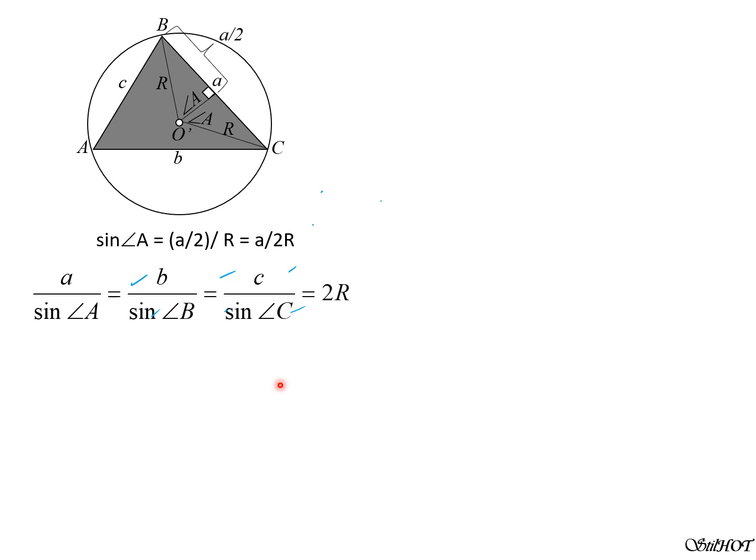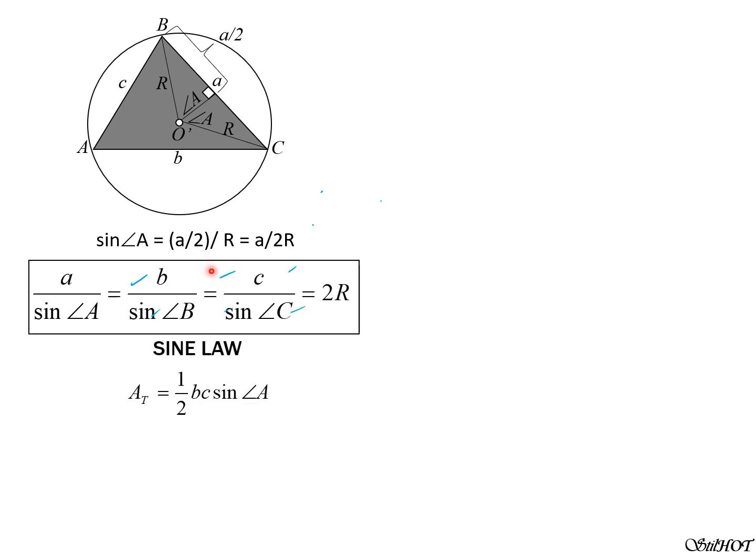That's constant. So again, replacing sine angle A equals A over 2R in the area of triangle 1/2 BC sine angle A, we have area of triangle equals ABC over 4R. Call this area formula 5.